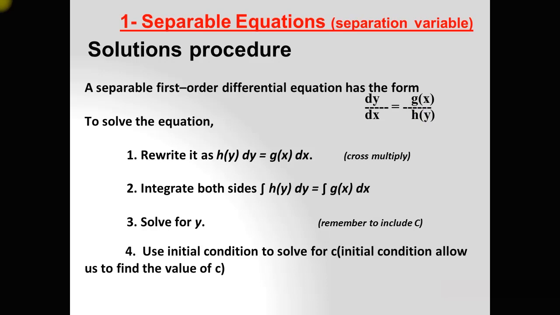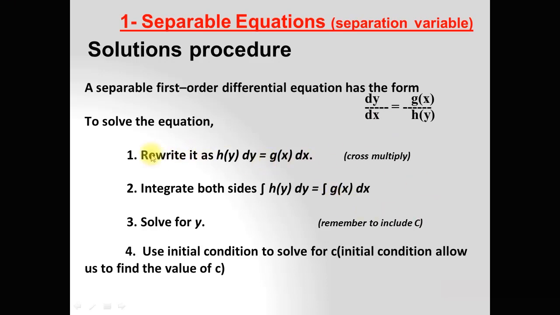So for the separation of variables, try to join the y function to the operator dy and the x functional terms to the operator dx. To join the h function, because h is the function of y, with the operator dy and to join the g function with the operator dx, and the operators dy and dx will not be in the denominator form.